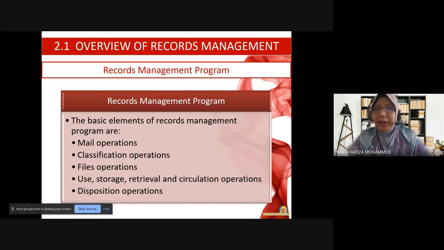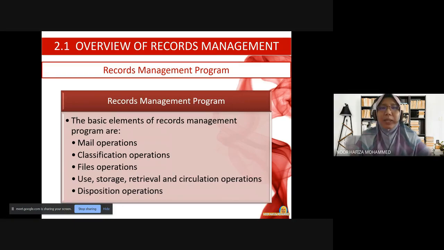There are 5 basic elements: mail operations, classification operation, files operation, use, storage, retrieval and circulation operation, and lastly disposition operations. When you look at the basic elements, the keyword is operations.